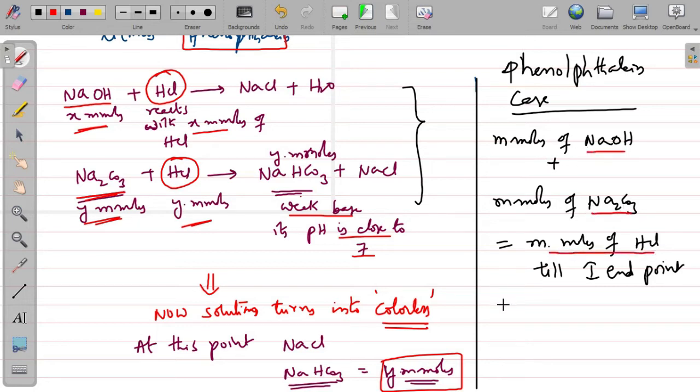So here NaOH is X I have taken, and Na2CO3 is Y I have taken. So this must be equal to the total amount of HCl consumed. Let's say the total amount of HCl consumed is A in this process, which is a known quantity.